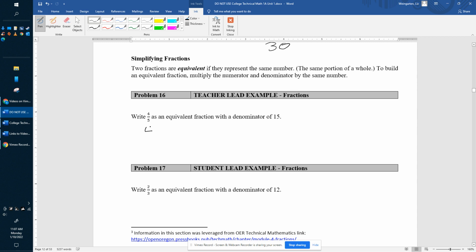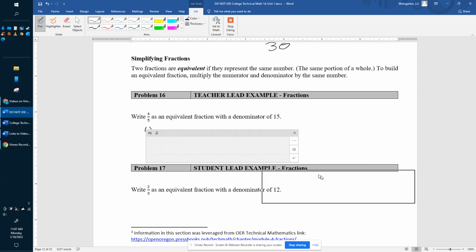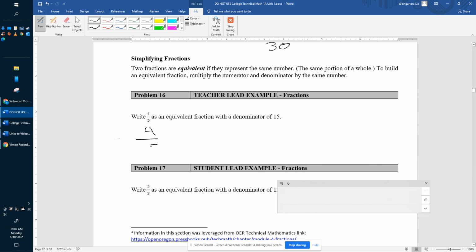So we have 4/5, and it's going to equal something over 15. So what relationship does 5 and 15 have with each other? Well, they're both divisible by 5.